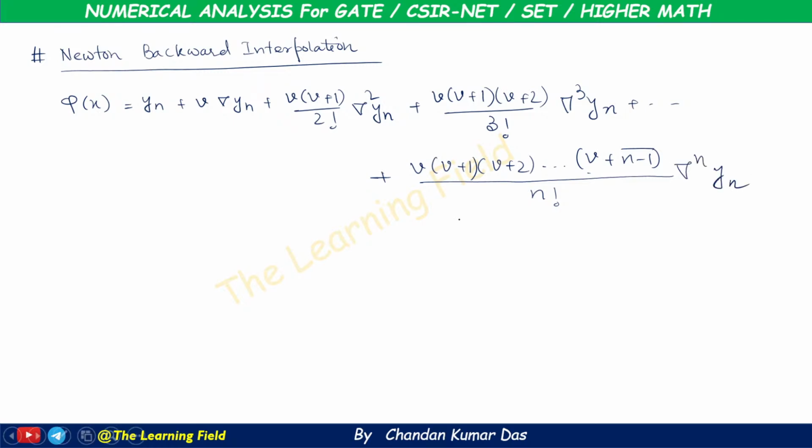This is the Newton backward interpolation formula, where v equals (x minus xn) by h, and xi equals x0 plus i times h. h is the spacing.